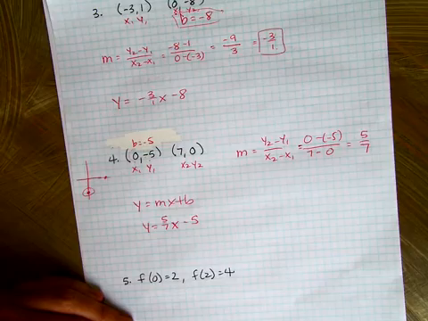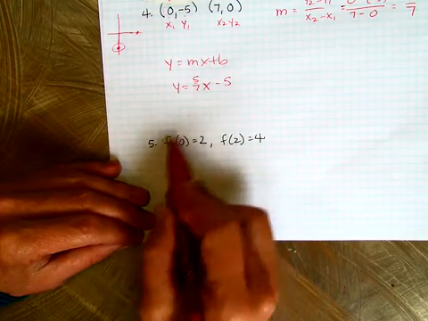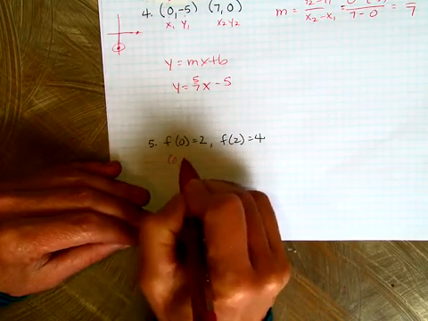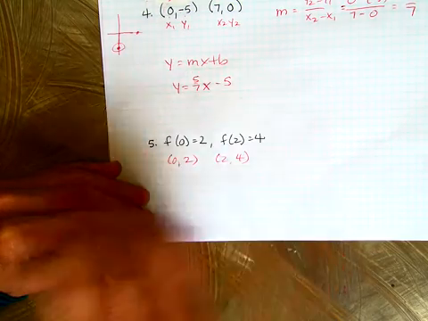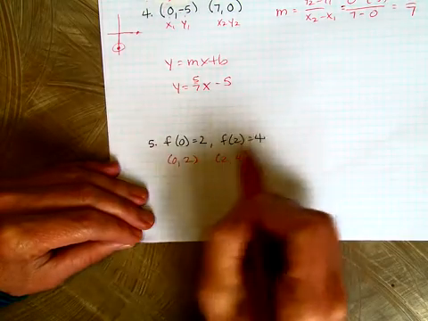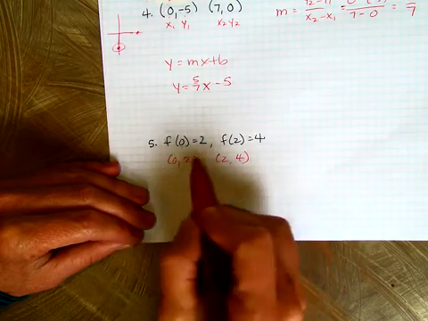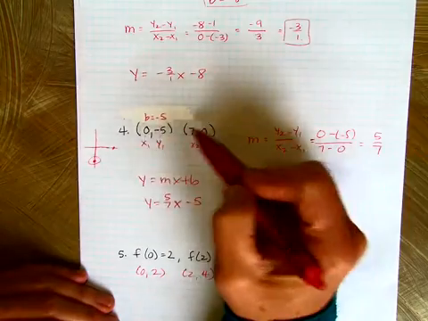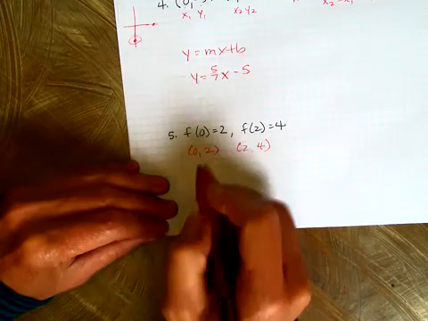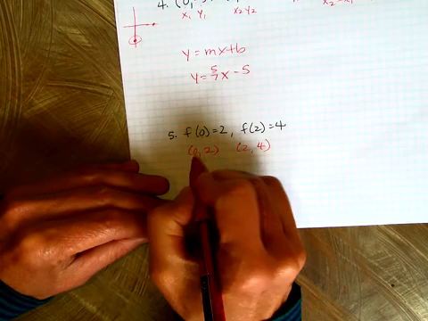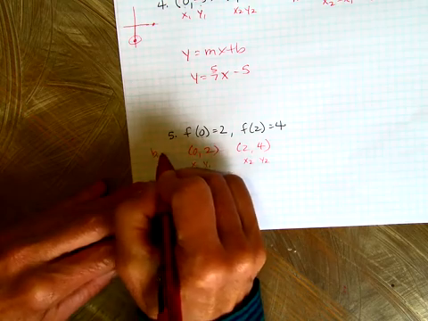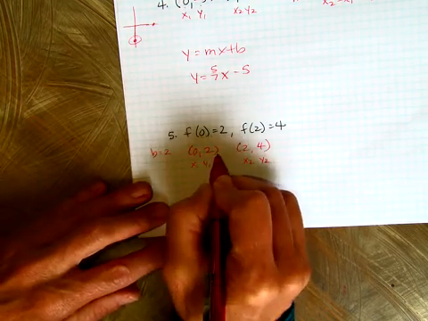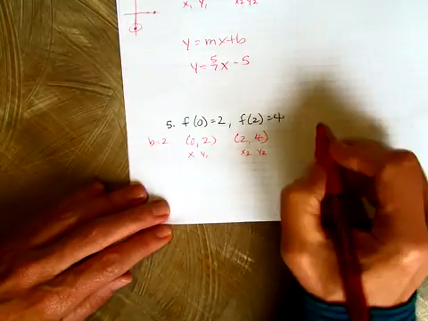Function notation, what did I tell you about function notation? When you see this, 0 went in, 2 came out. 2 went in, 4 came out. So the very first thing I do when I see function notation is immediately write it up as points. And then I'm right back here. I'm at the same problem. So again, x1, y1, x2, y2, and we should recognize that this is my vertical intercept when x is 0, y is 2.